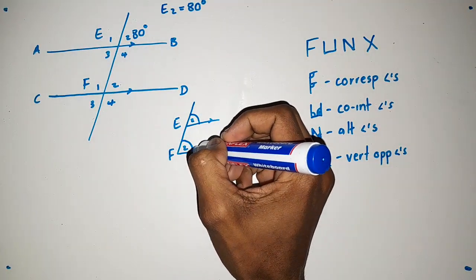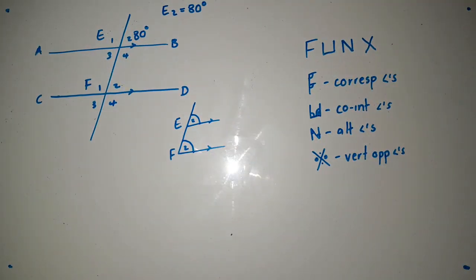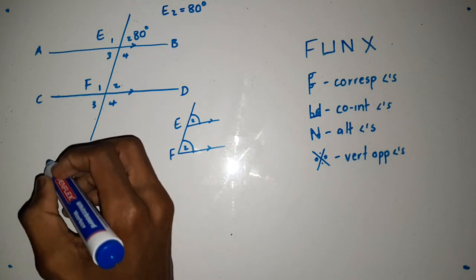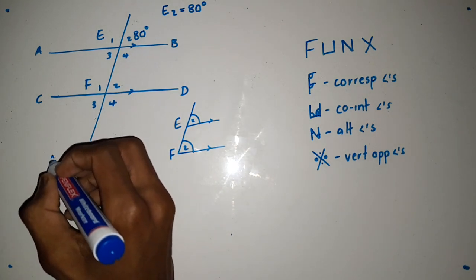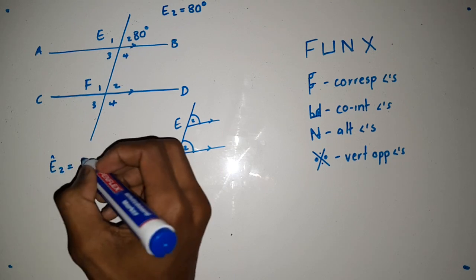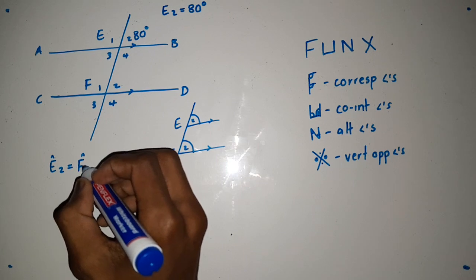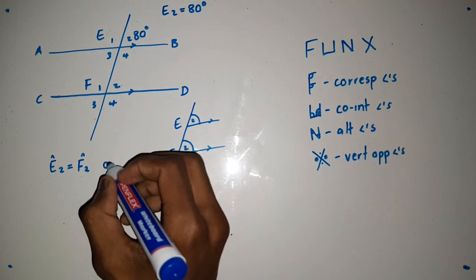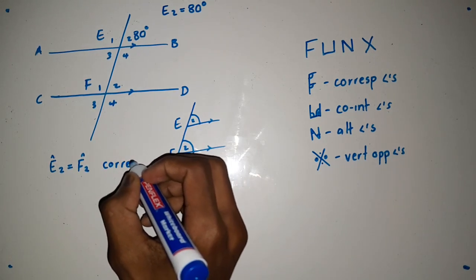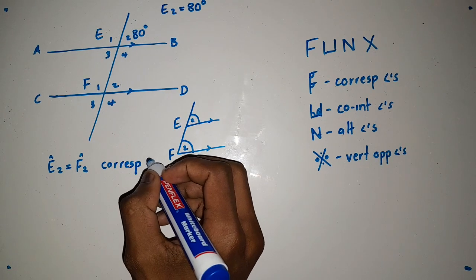This angle is going to be equal to this angle. Then we get corresponding angles. Do you understand? We're going to say now angle E2 is equal to angle F2, corresponding angles.